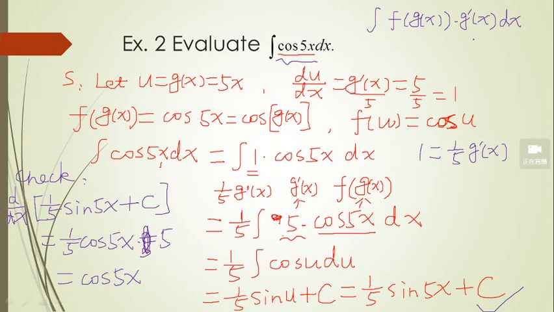That's why we need to create the g prime. Since g prime is 5, we can move the 1/5 outside. Since you add the 5 as a g prime here, you have 1/5 outside of the integral sign. So that will be f(u) du according to the substitution rule.